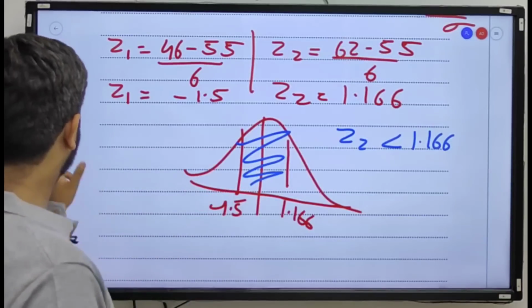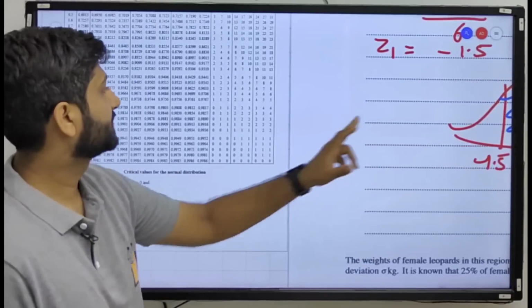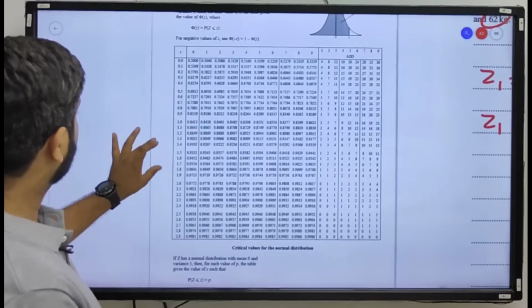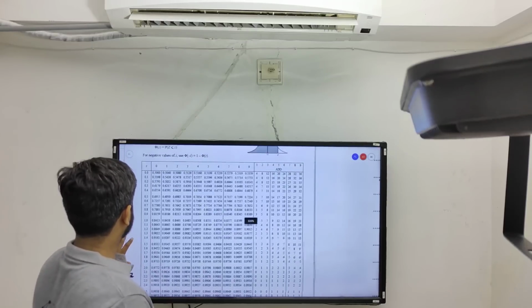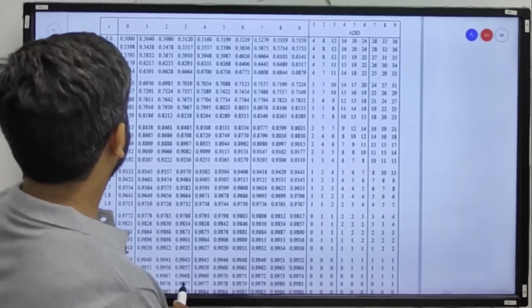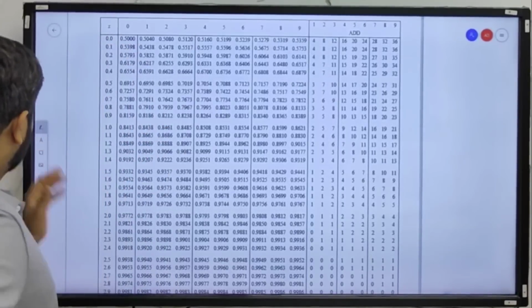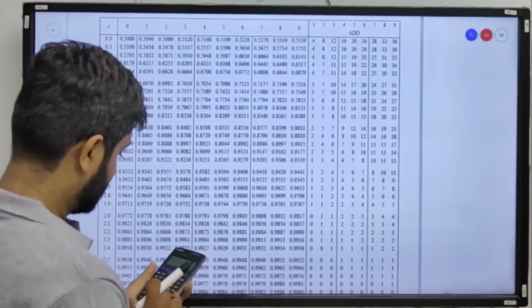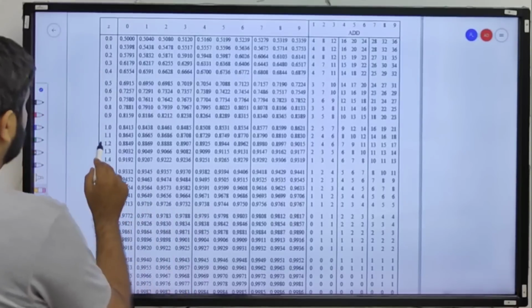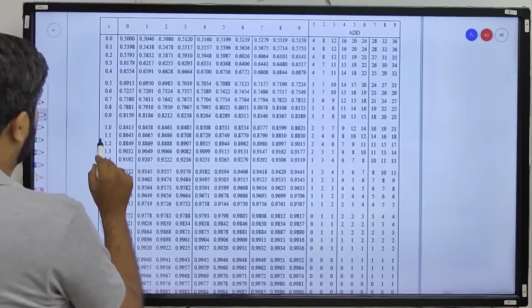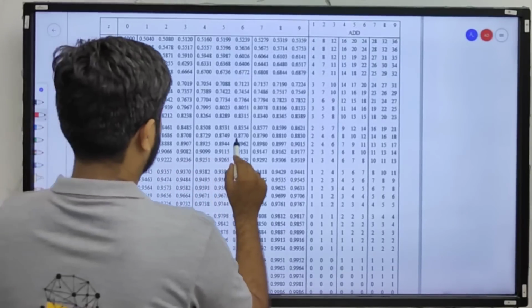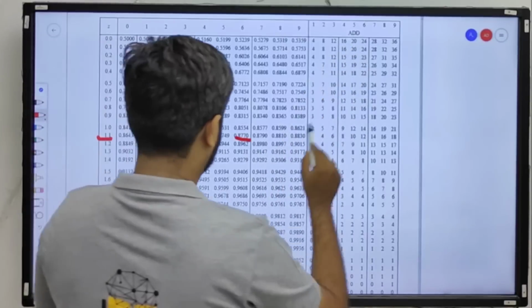So using the distribution table, let us find out 1.166. Let me just check, yes, 1.166. So 1.1, then you have 6 and then one more 6.